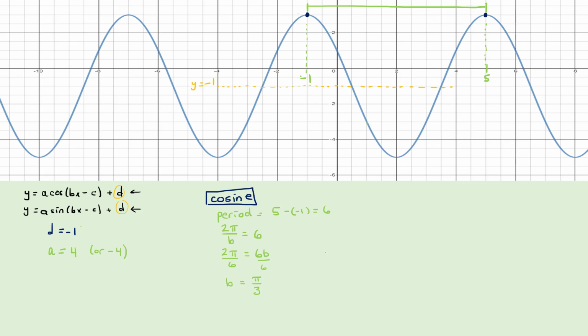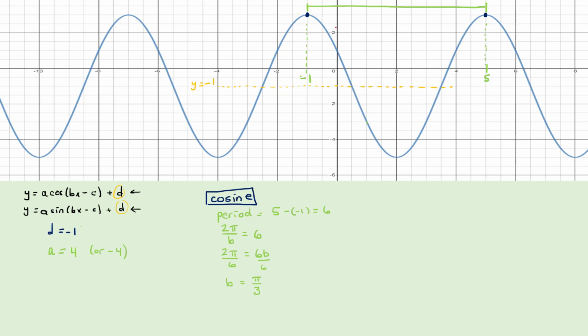Now we need to find the phase shift. If we think about our period as starting at this point, then compared to the y-axis where a period would normally start, it's been moved 1 to the left.